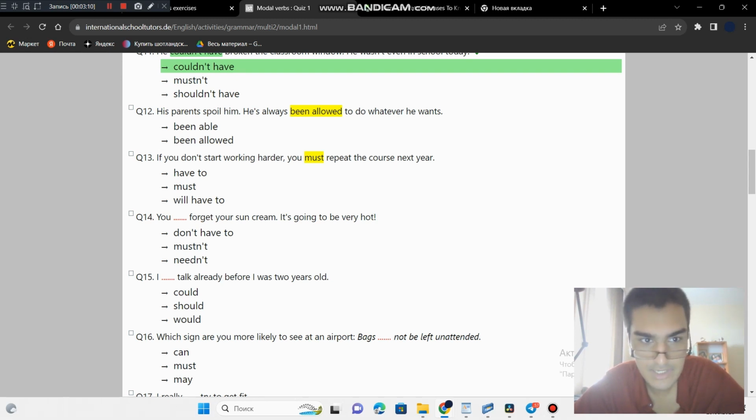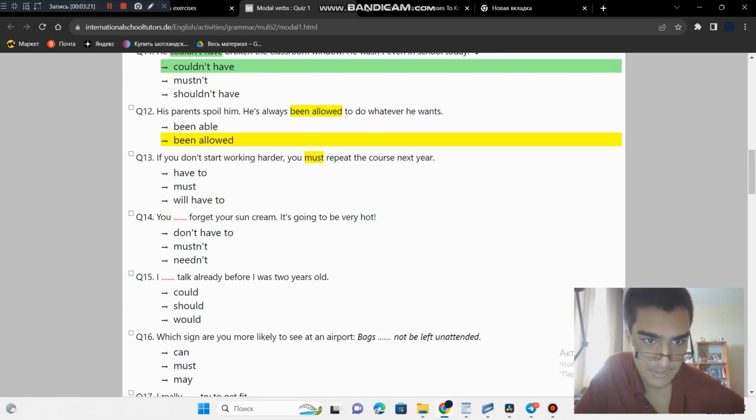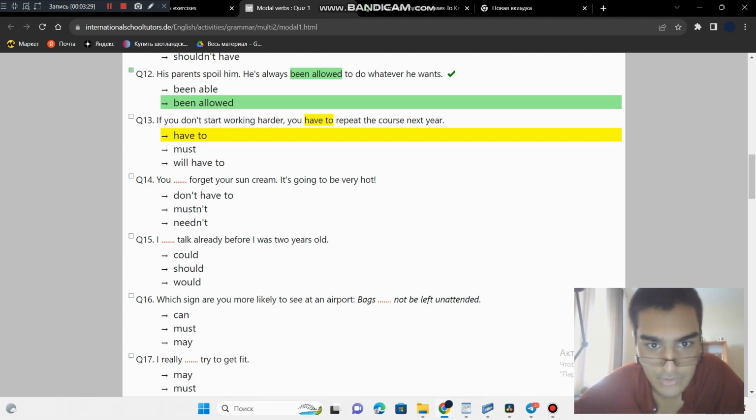Well, this is not really a modal verb, but if you check able to, allowed to, we're talking about his parents, so yeah, parents allow him to do something, so it's been allowed to. Not really a modal verb though. "If you don't start working harder, you have to repeat the course next year."